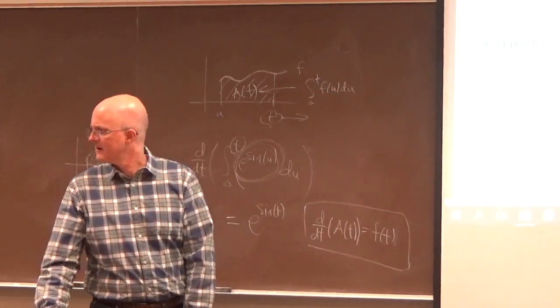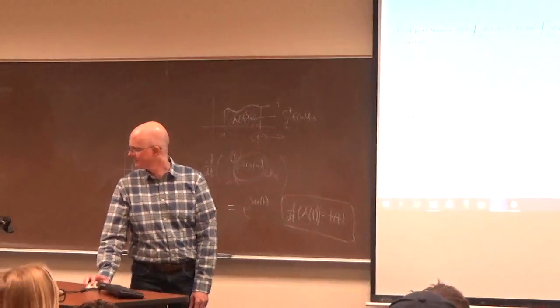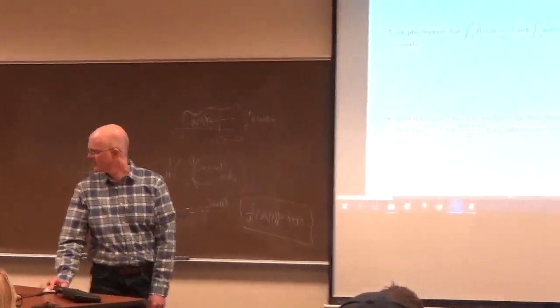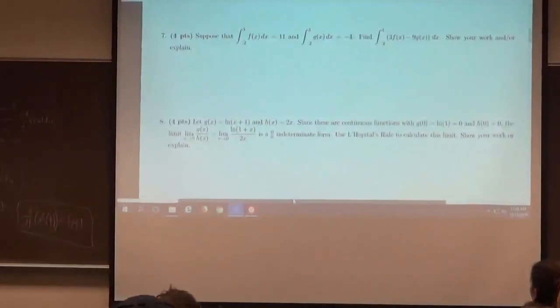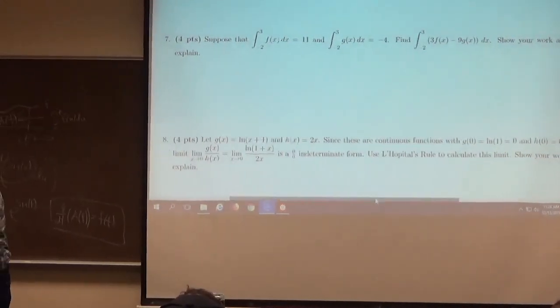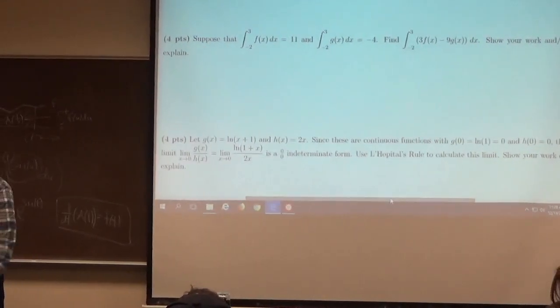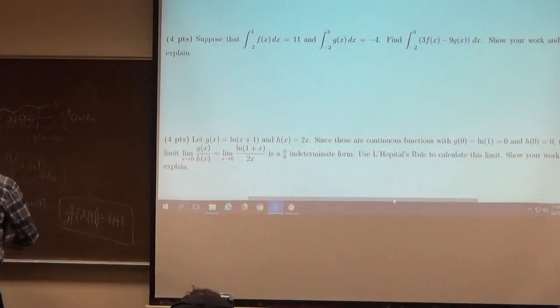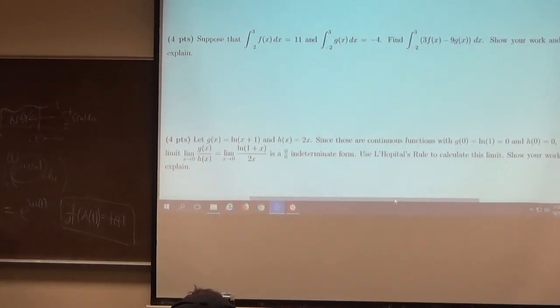Number 7. This is to use a linearity property of integrals.